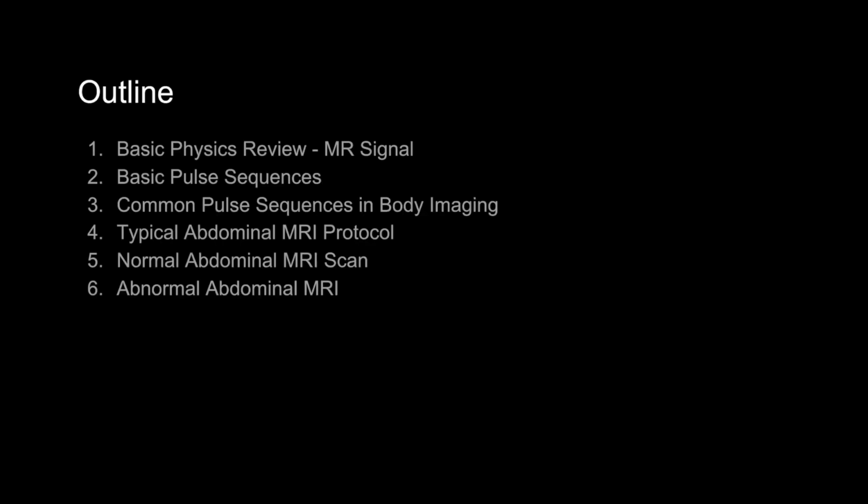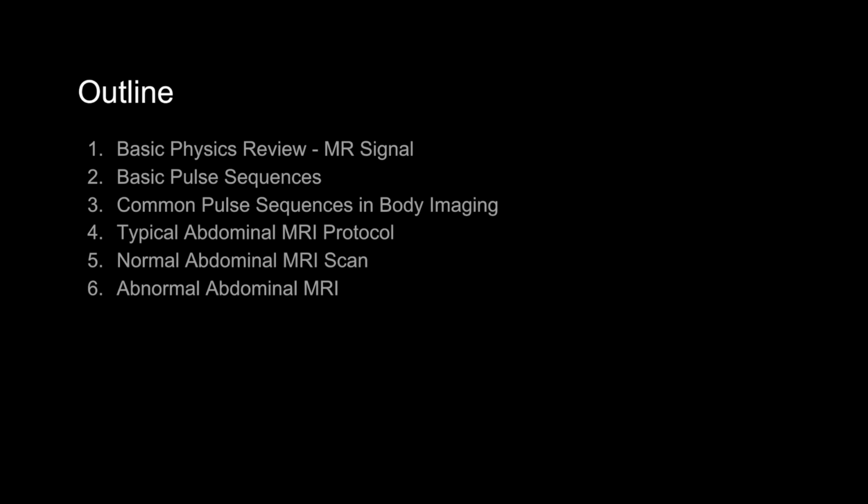We're going to briefly review the most essential basic MRI concepts and pulse sequences, only enough to gain an understanding of the common pulse sequences used in body imaging. Specifically, this is going to help us make sense of all of the acronyms that we see for each of the sequences, like SSFSE. We'll go through a typical abdominal MRI protocol and review a normal abdominal MRI.